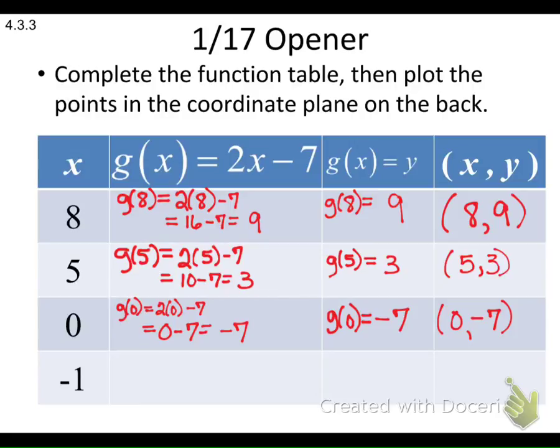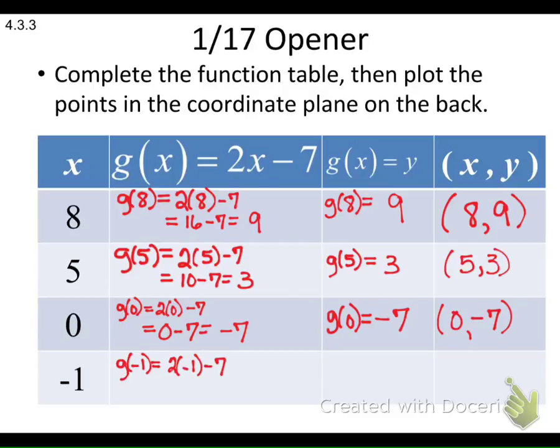All right, last one. How would I write it? G of, the function of. What do I plug in for x? Okay.